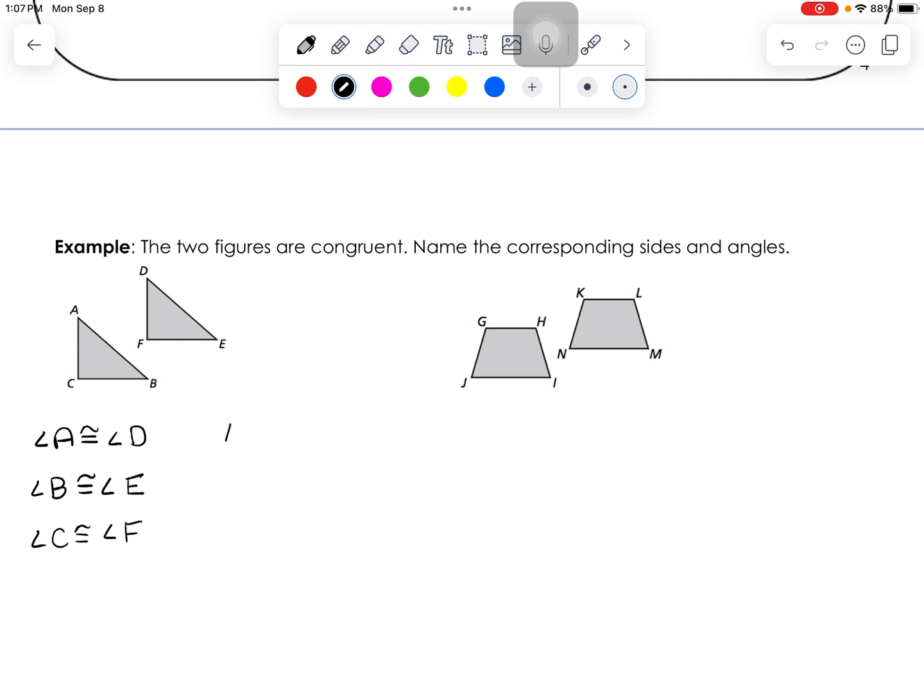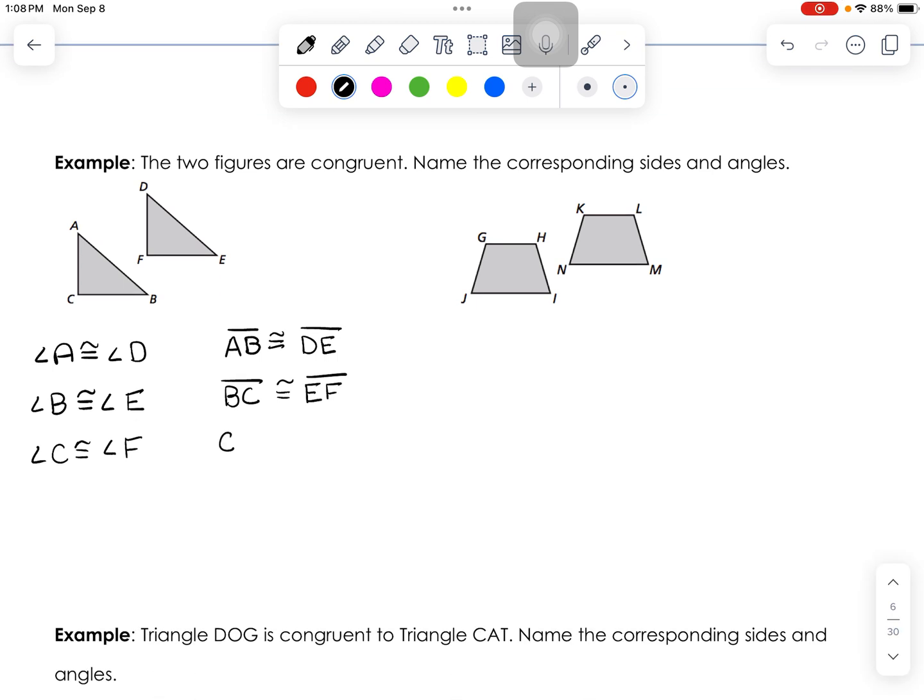Side AB is congruent to side DE. Side BC is congruent to side EF. And side CA is congruent to side FD. So we were just making our way around that shape, matching sides.